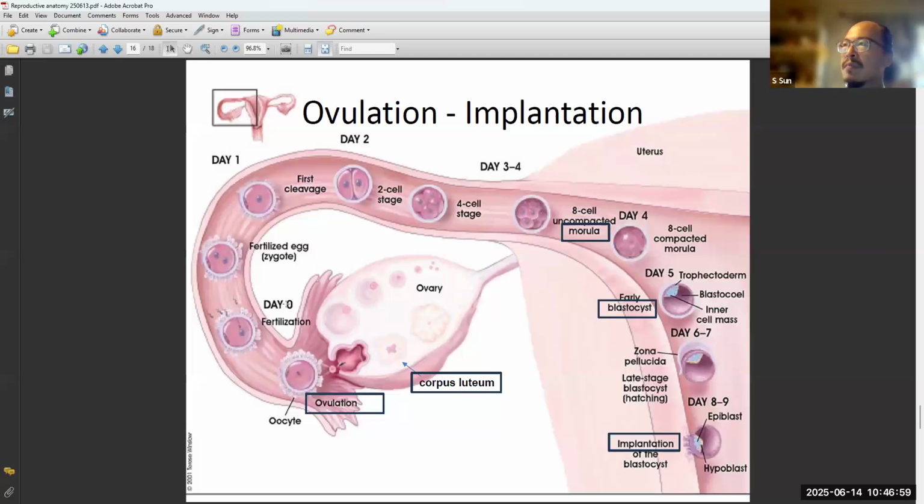When a successful fertilization occurs, this fertilized egg will quickly grow and divide, rolling into the uterus. Then it will implant in the uterus. With that implantation, you start to build the placenta. The placenta is the interface between this new individual and the mother.